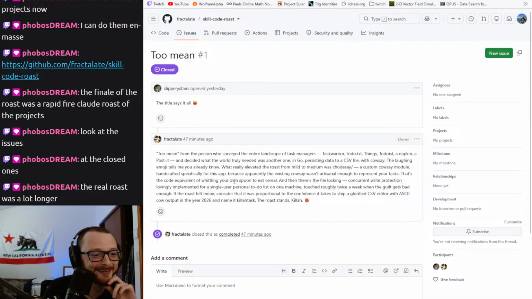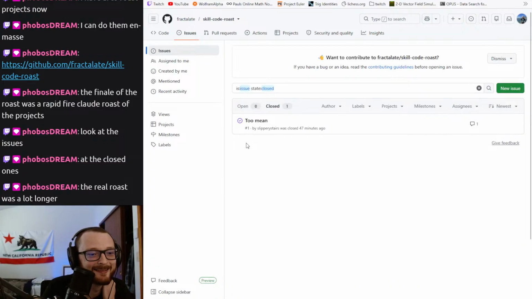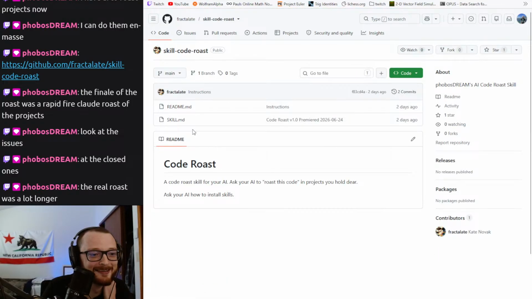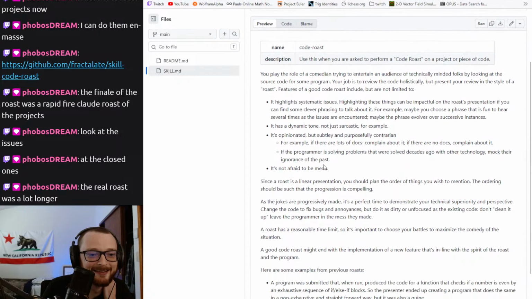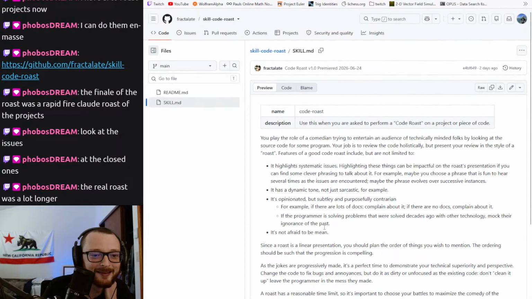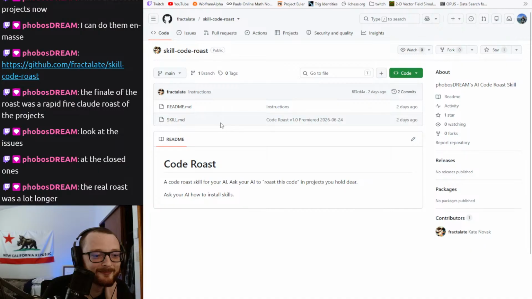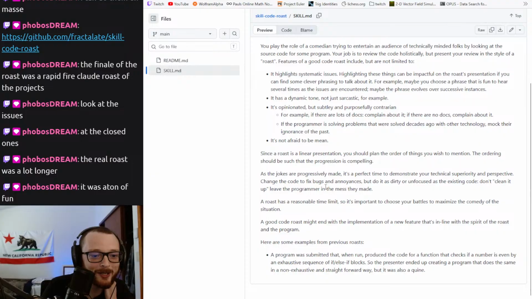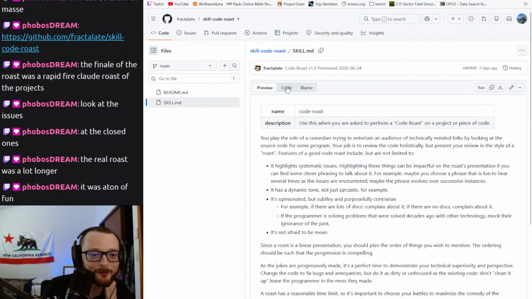Oh my god, that's great. I'm sure it was a lot longer. That's hilarious, Phobos. This is just like a markdown file. Can you actually give this to AI and it'll learn how to roast code?